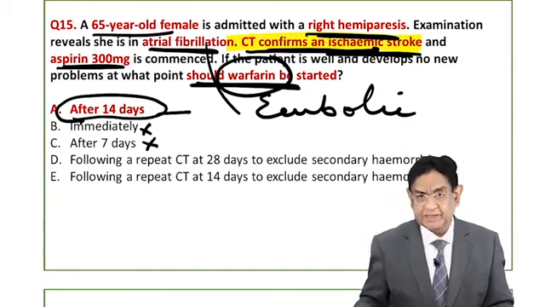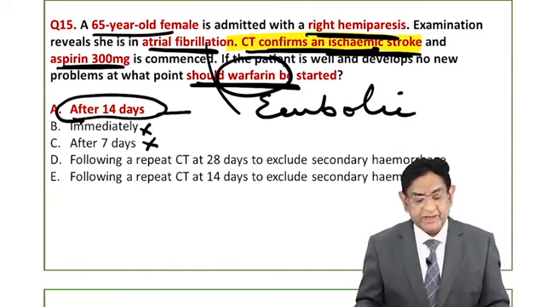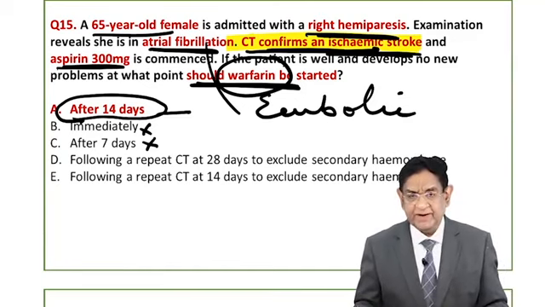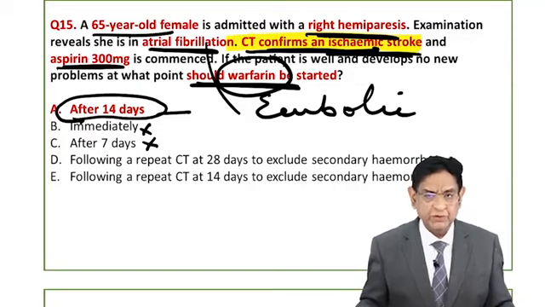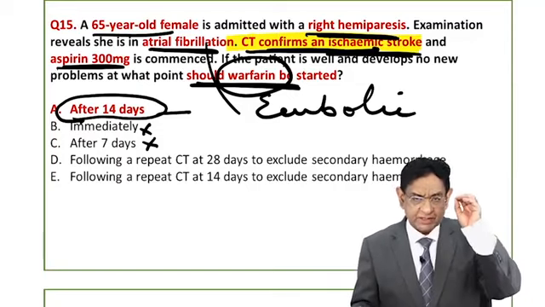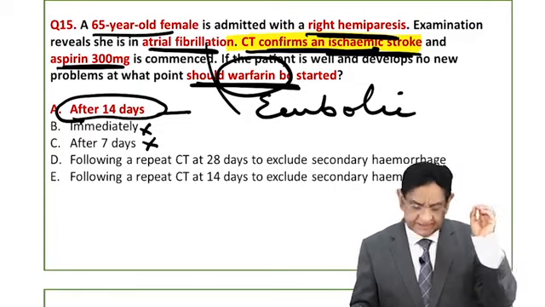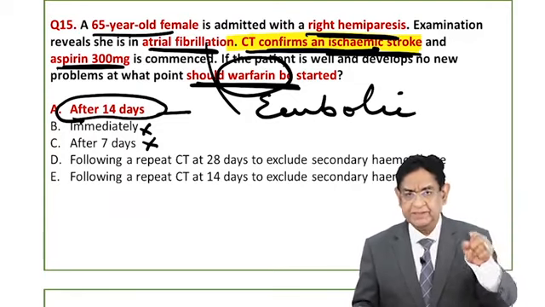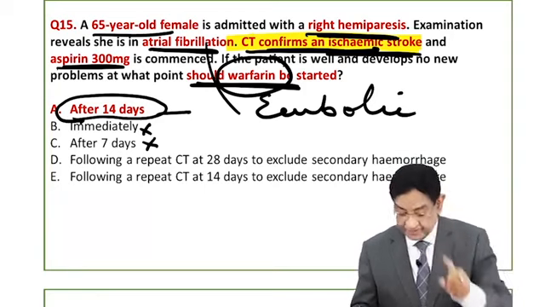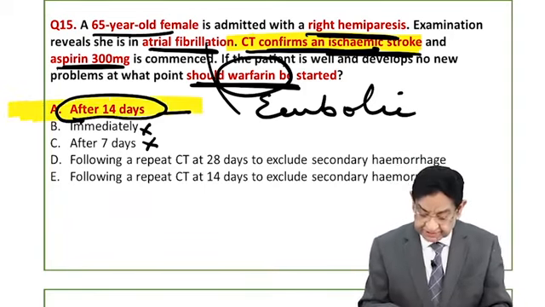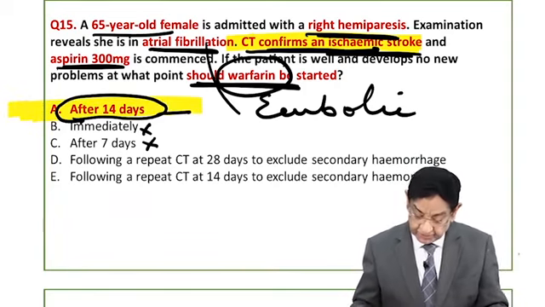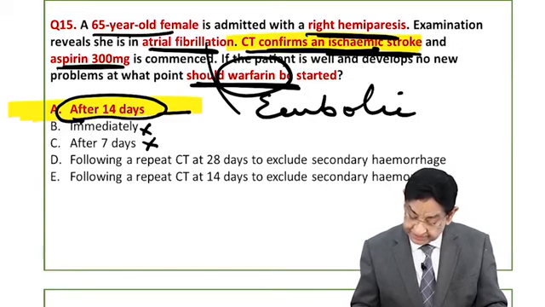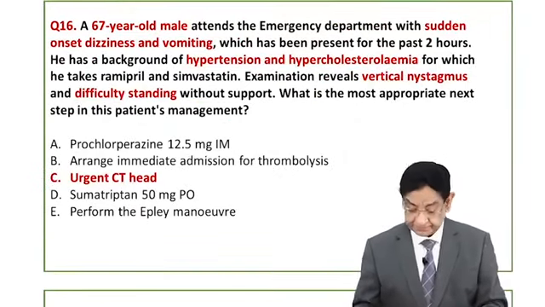And of course, patient is there. You have to start warfarin, never immediate. And in a stroke unit, CT scan will be done. So stroke done, CT scan done, no hemorrhage, start warfarin for AF, but after 14 days. Okay? After 14 days. Question number 16.